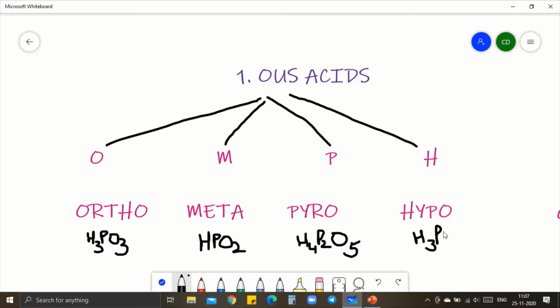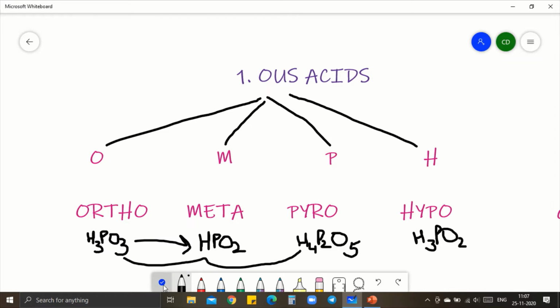H3PO2. It's really simple, right? Just remove one water molecule from this, then meta comes, and add these both, then pyro comes, and remove one oxygen from this, then hypophosphorus acid.